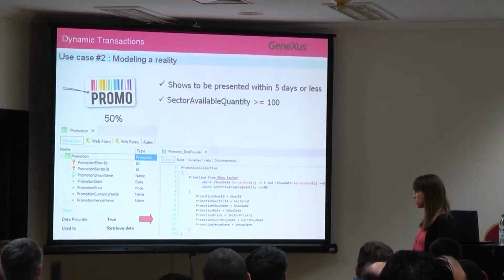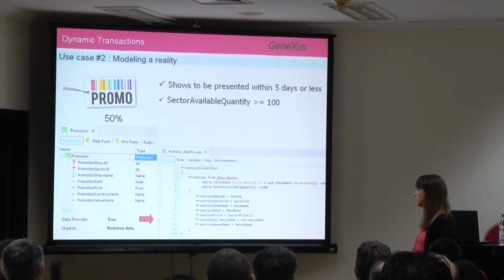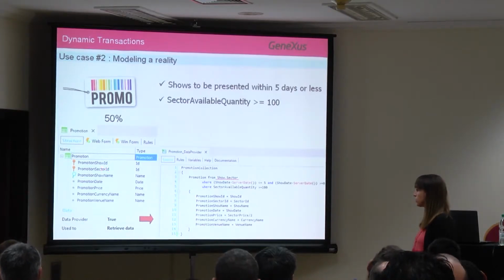So I defined the promotions, and as a primary key, I identified each promotion as unique by the show and the sector, right? That can't be repeated. It's a promotion.